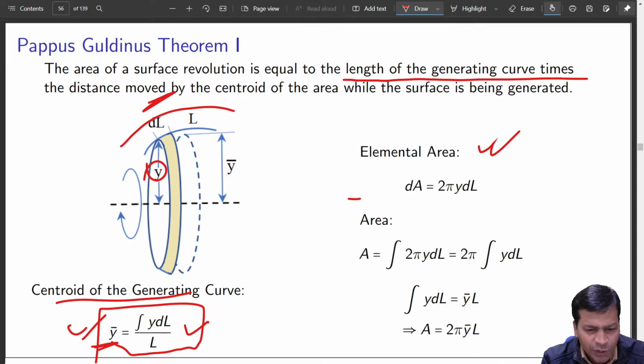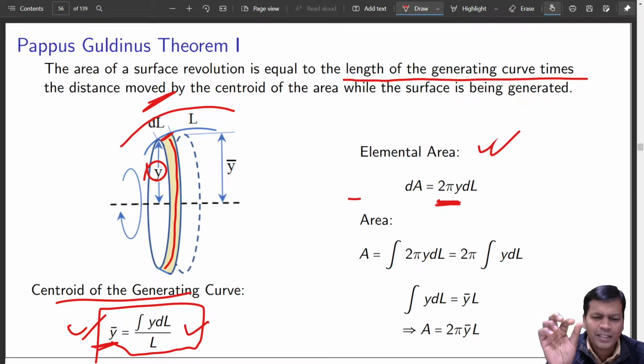And the elemental area of this small strip shown in a different color over here is equal to 2 pi times y. 2 pi y is the circumference of that circle, because that inclination is supposedly very small and thin.